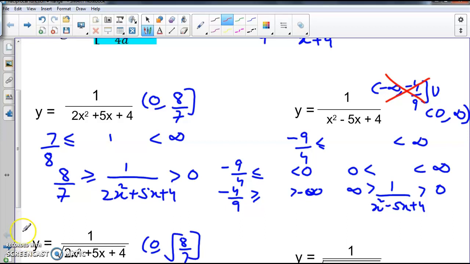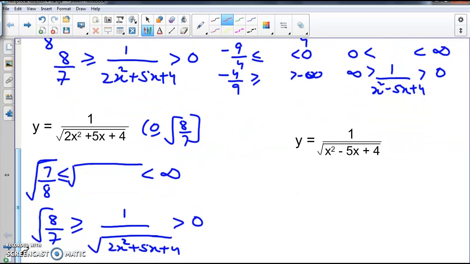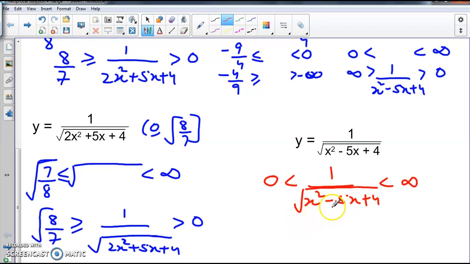So we only take the values from 0 to infinity, and we have discarded 0 also, and on taking square root for these values we get the range of 1 upon square root of x square minus 5x plus 4 as 0 to infinity.